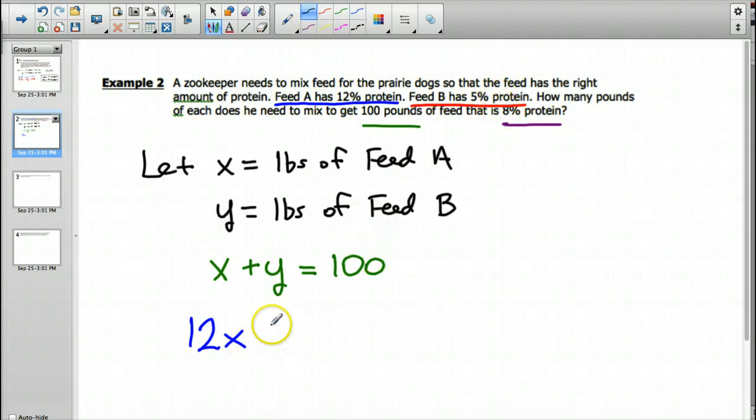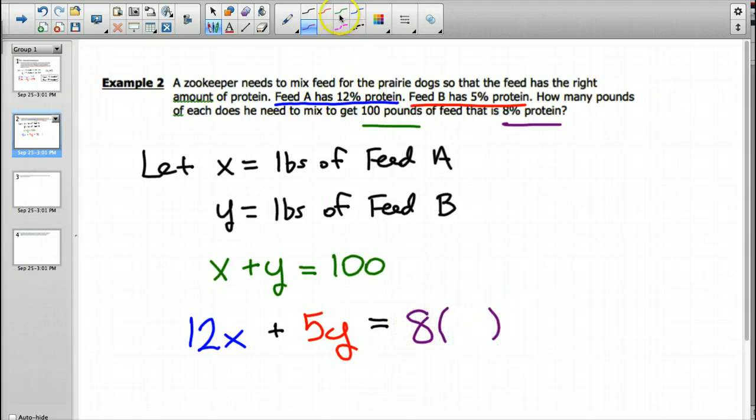So I'm going to add to that 12X a 5Y. That's going to be equal to, we want 8% protein. So that's going to be equal to 8, but that's not going to be my entire equation. We've got the concentration times the weight here. We've got the concentration times the weight here. So when I have my equal to, I need the concentration, which is 8, times the weight, which is 100.